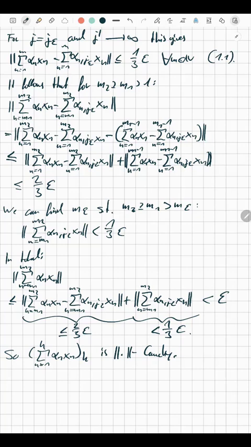Now the Banach space is obviously complete, so this converges.